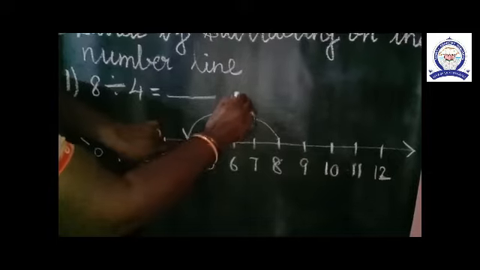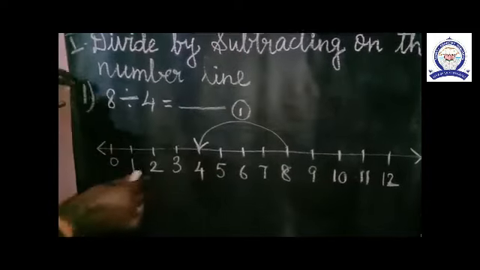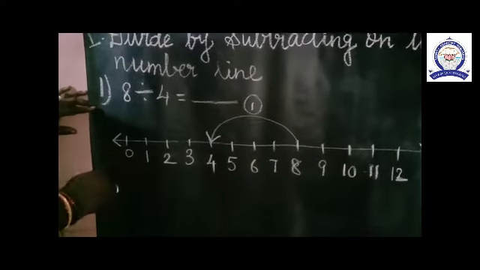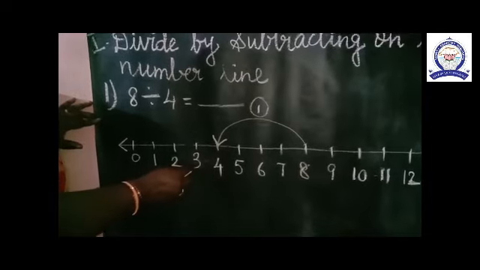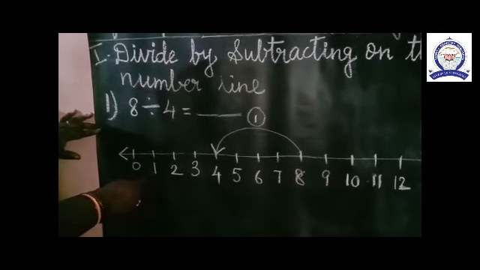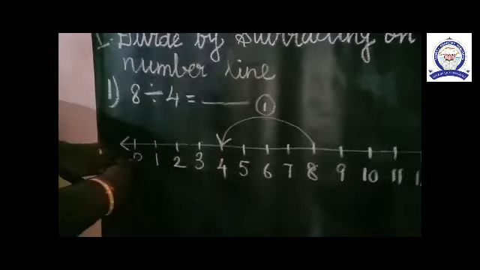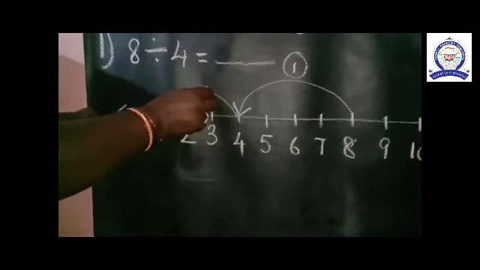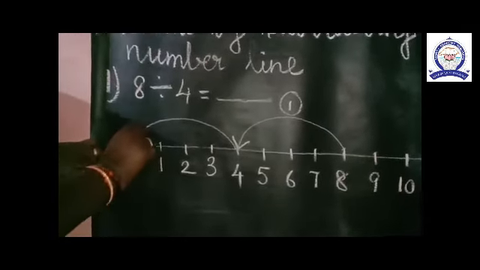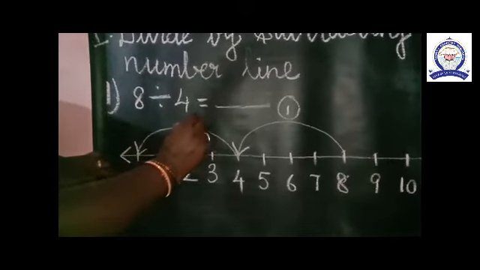This is the first jump. Next jump, again you jump 4 times. 1, 2, 3, 4. You draw a curve. This is the second time.